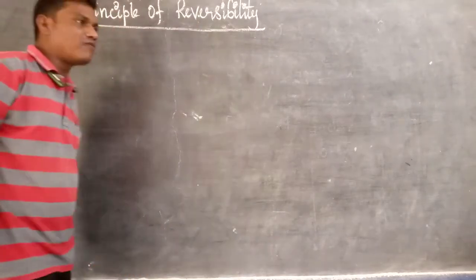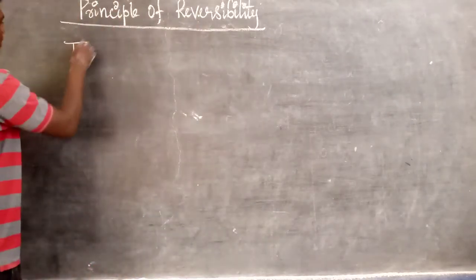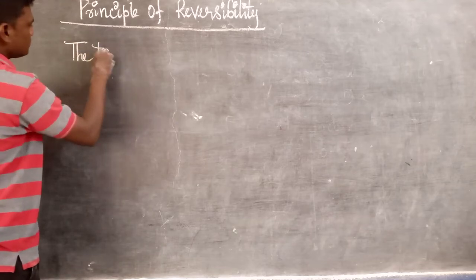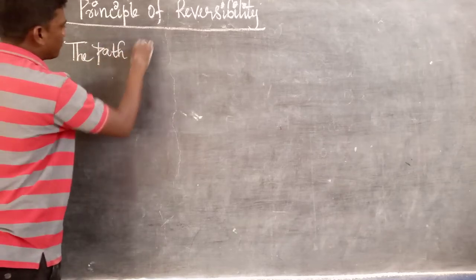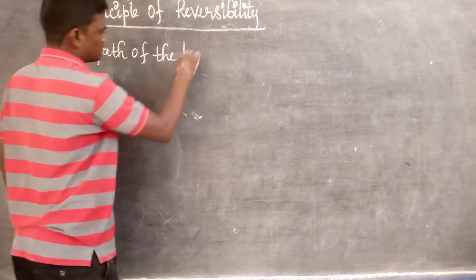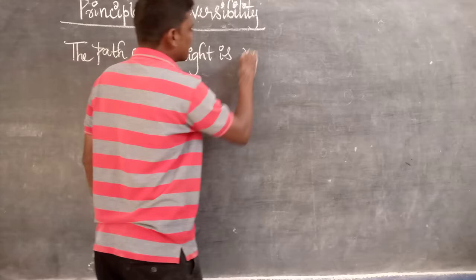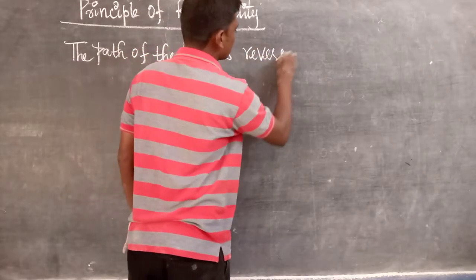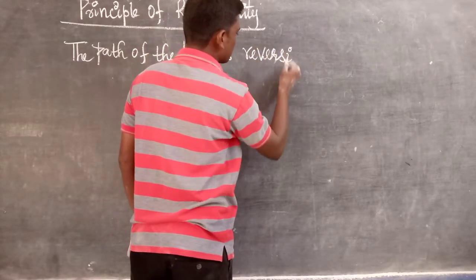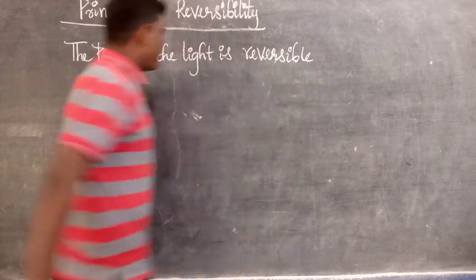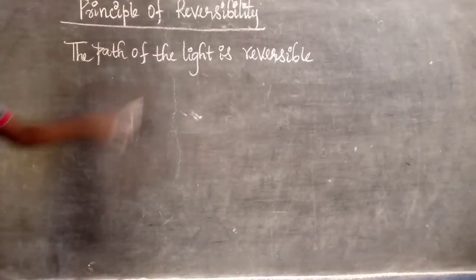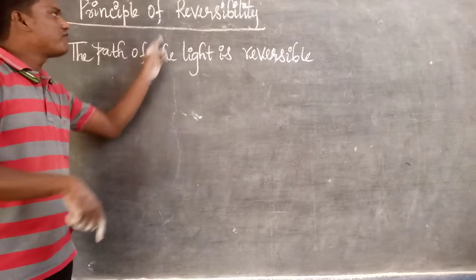What is the principle of reversibility? Simply, the path of the light is reversible. The path of the light is reversible. That is called principle of reversibility.